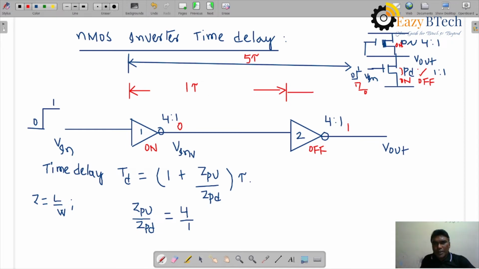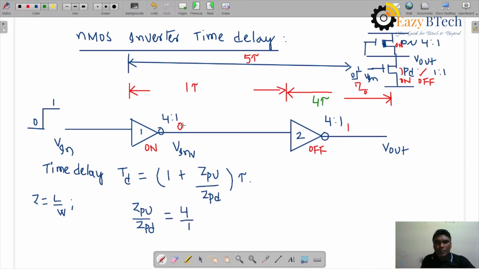So from here to here, the output, we can take the time. Off time is 4 tau, 4 nanoseconds, right? Yeah, this one. On time is 1 tau.